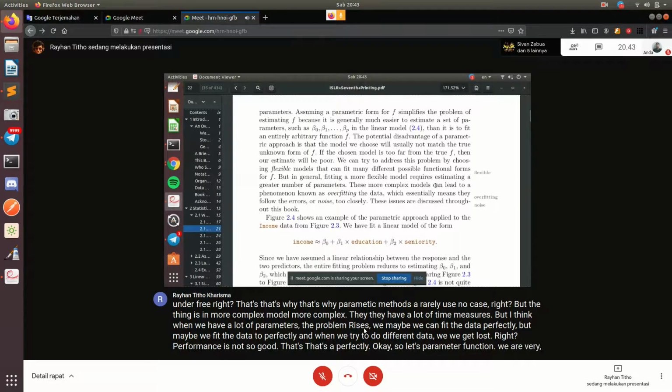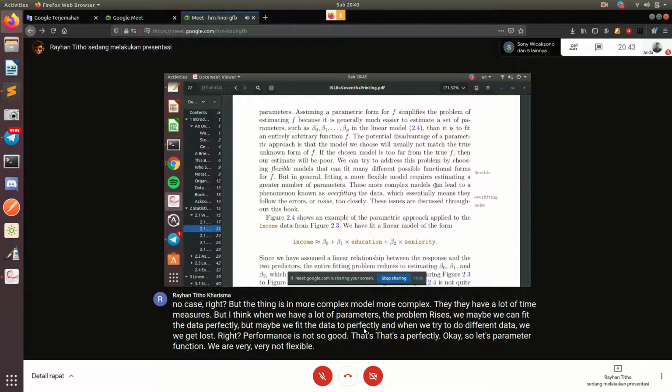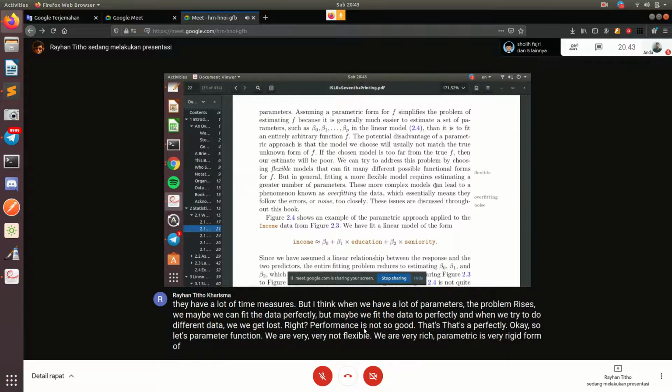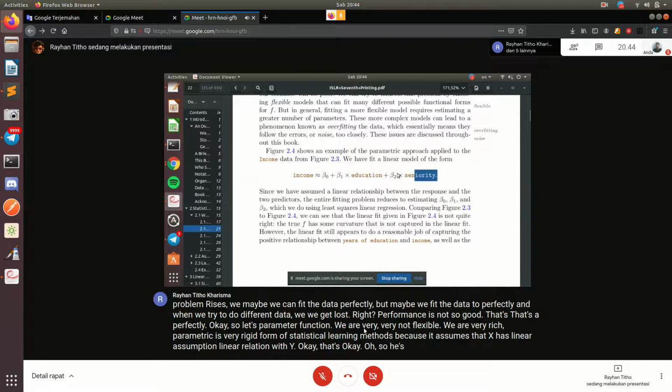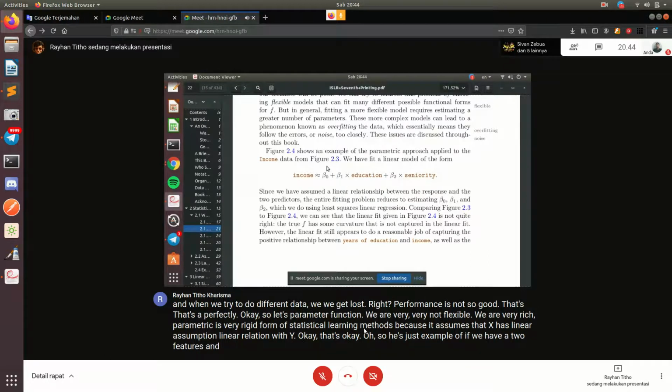So that's parametric functions. We are not very flexible. We are very rigid. Parametric is a very rigid form of statistical learning method because it assumes that X has a linear relation with Y. Here is an example: if we have two features and we observe the income, it becomes like this.